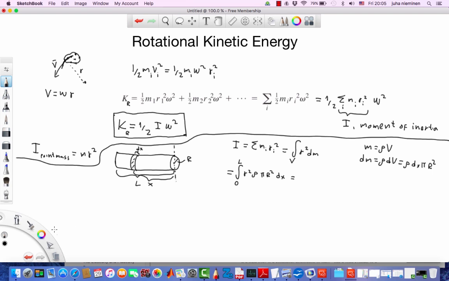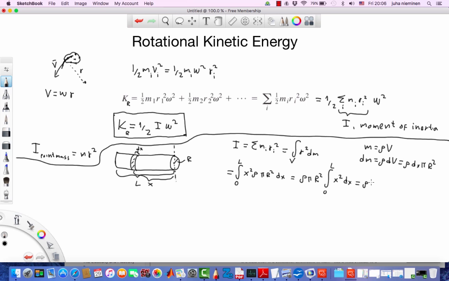is x as well, and we have to replace r squared, which is just a general distance. In our specific case we call it x because we're integrating along the x-axis like this. So now we can take the constant terms out and we get rho pi r squared and the integral over the length of x squared dx.